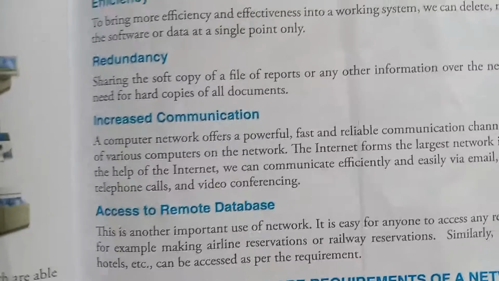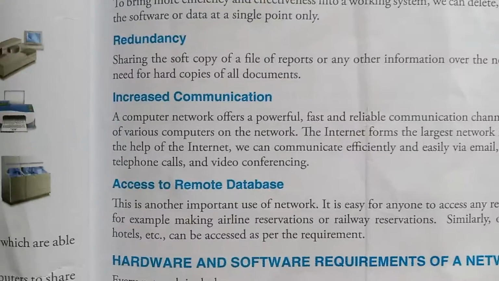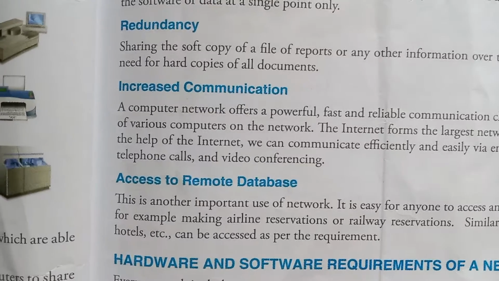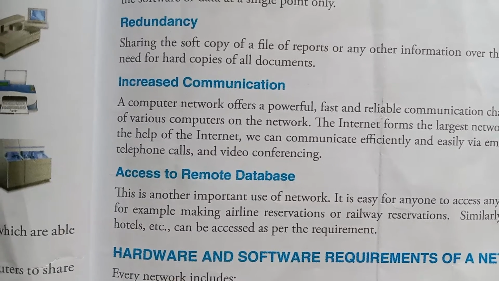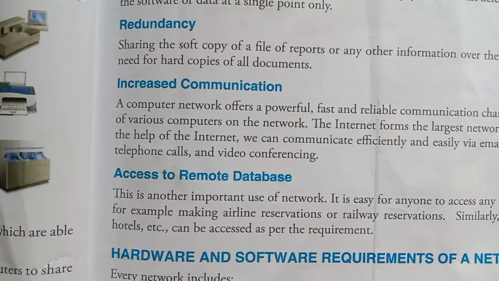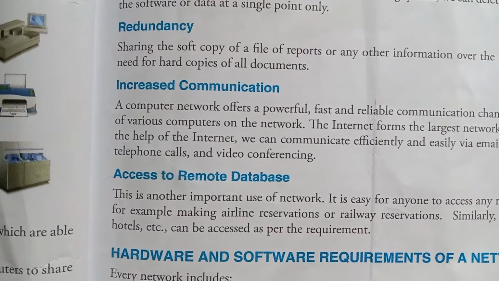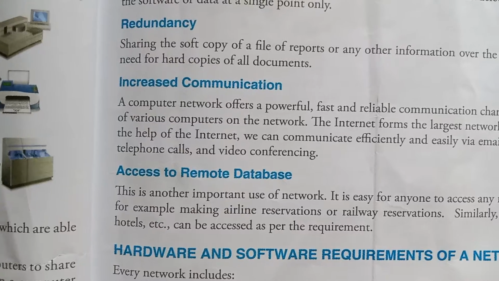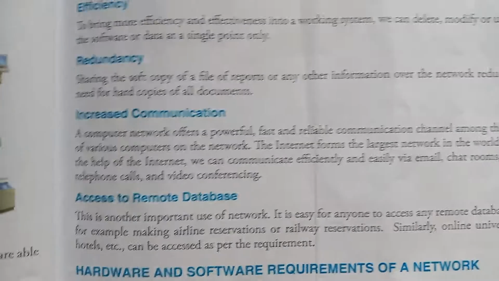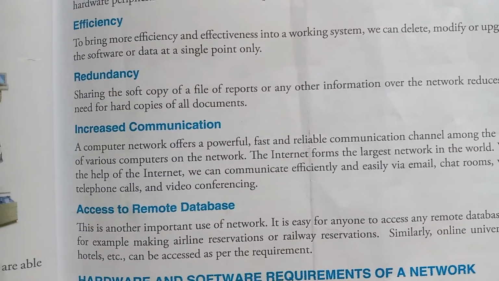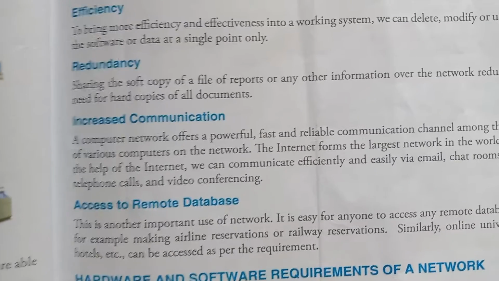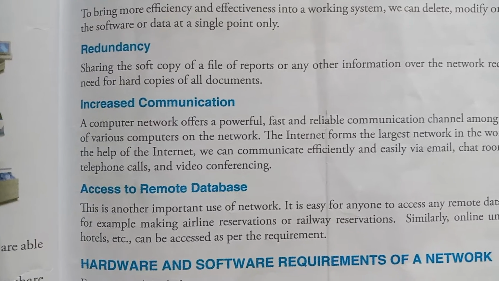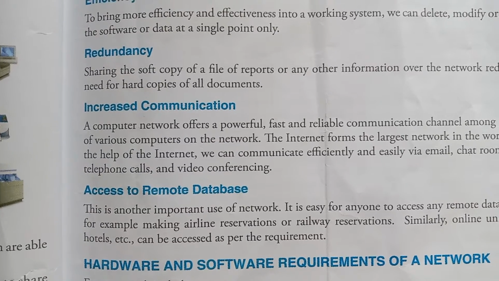That means if we are in the hotel area and the railway station is about 50 kilometers away from that hotel and we want to book a railway ticket, we can do it online. So it's easy, no need to go to the railway station for a reservation, because of the internet only.